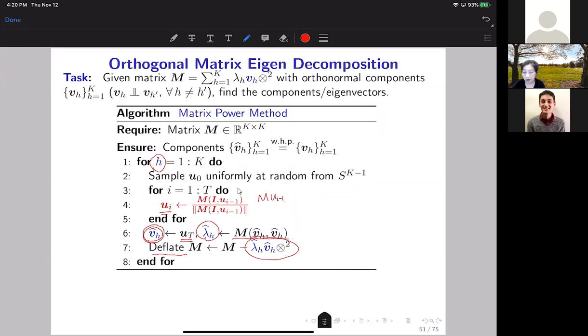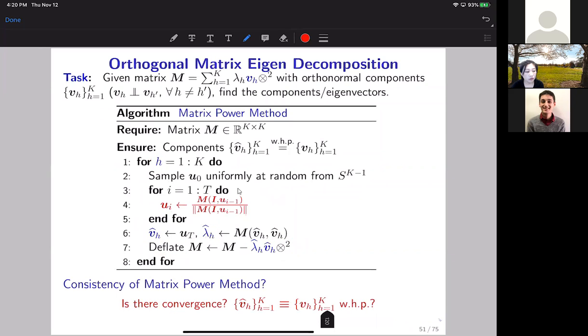Okay, I hope this is clear. This is just a review of matrix eigen decomposition using the power method and doing deflation. So now the question is, is this consistent? Whether the matrix power method is consistent. Of course, we all know that it's consistent.